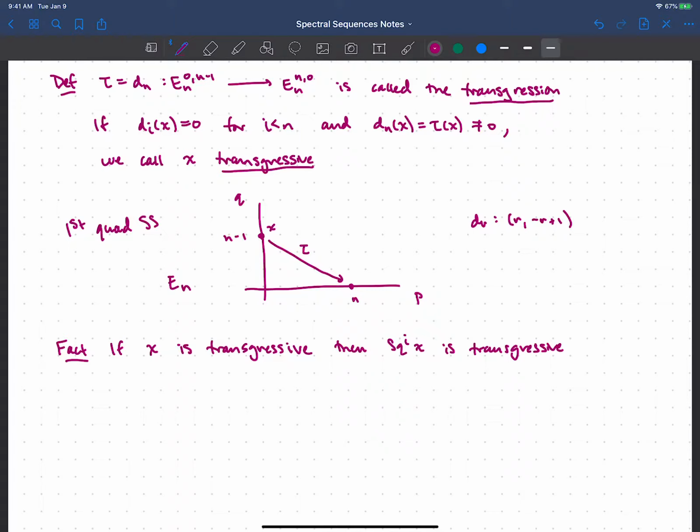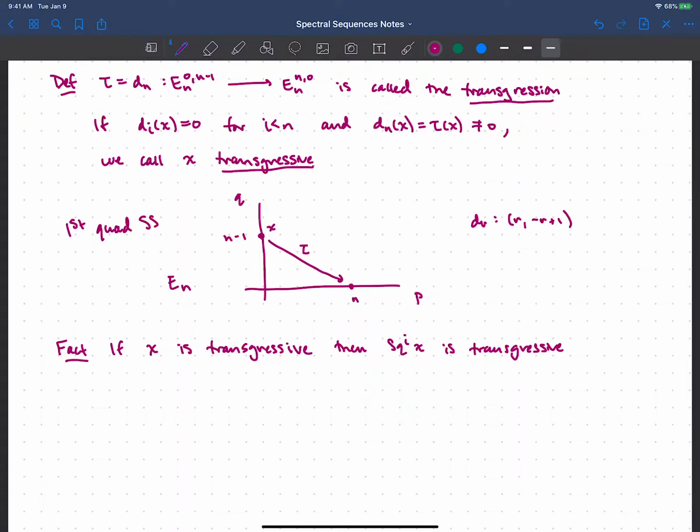Sq^i on x is going to take you somewhere up the q-axis because it's something in the cohomology of the fiber. And if x supports a transgression, then something over here gets hit by that thing on the q-axis. Notice that's going to happen on a different page.